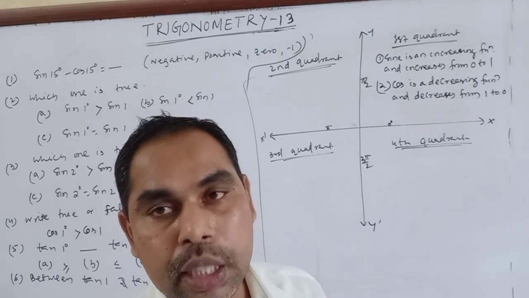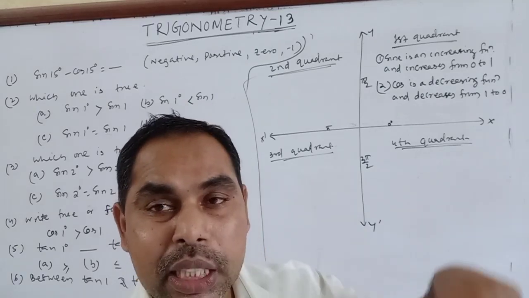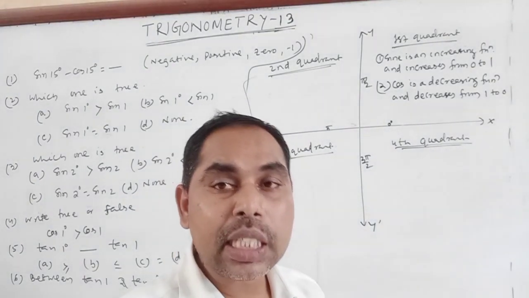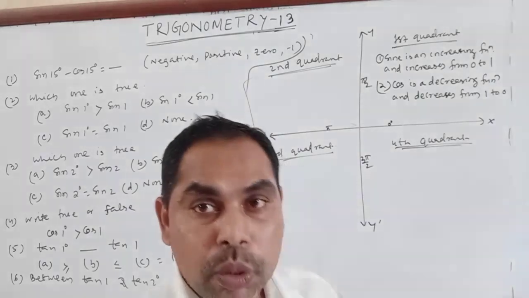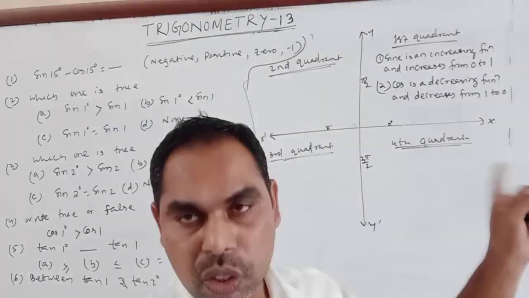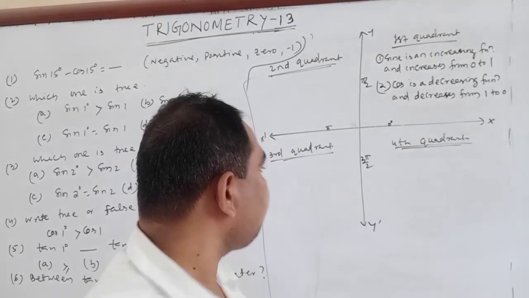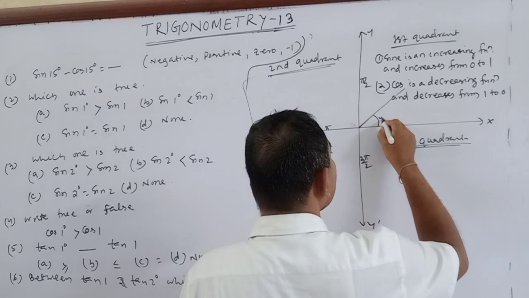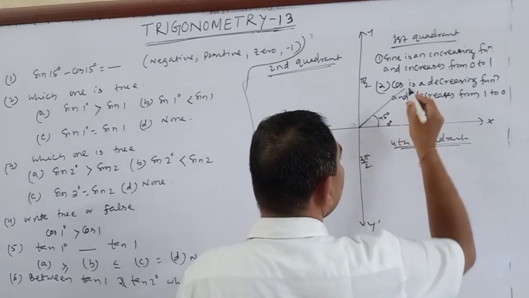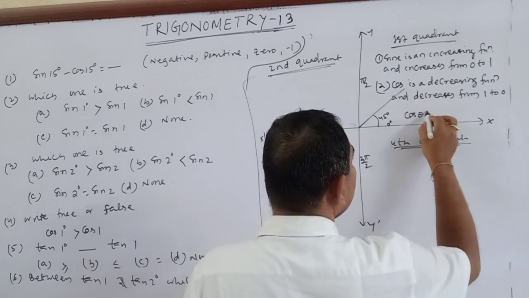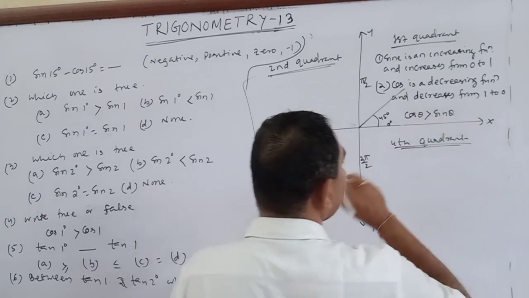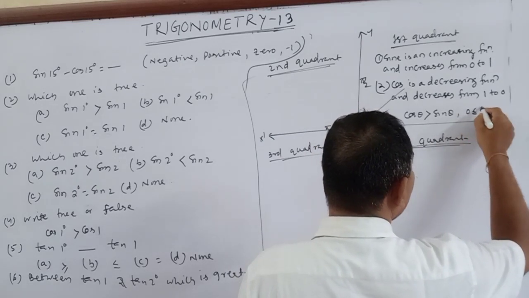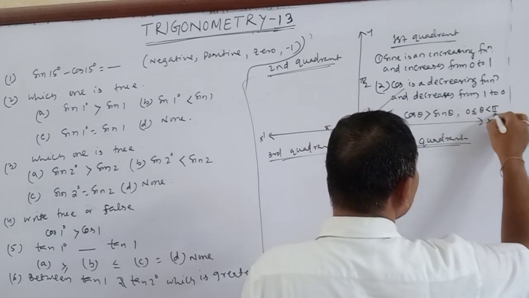So from 0 to 45 degree, cos is greater than sin, and from 45 to 90 degree, sin is greater than cos. Remember this, okay? So this is 45 degree. In this interval, cos theta is greater than sin theta when theta belongs to 0 less than or equal to theta less than pi by 4.